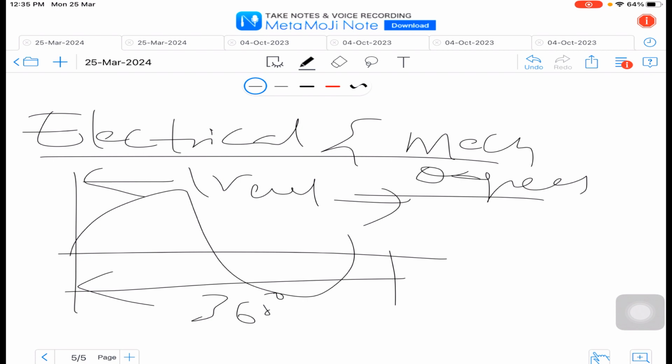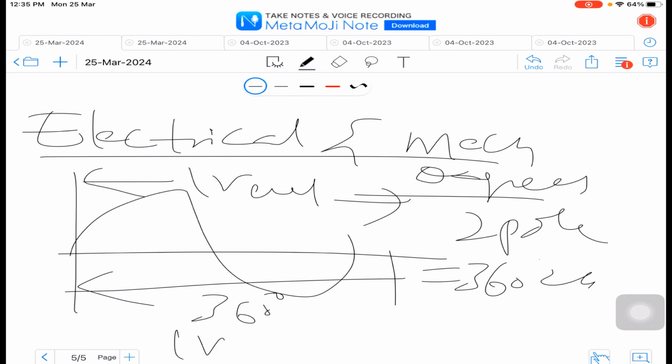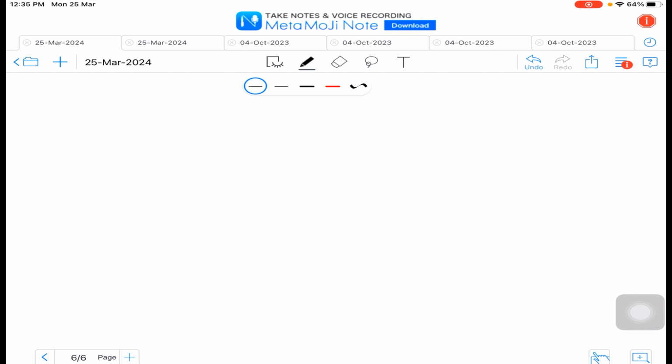For a two pole machine, one cycle of induced EMF is equal to 360 degrees electrical, and one revolution is also equal to 360 degrees mechanical in nature.